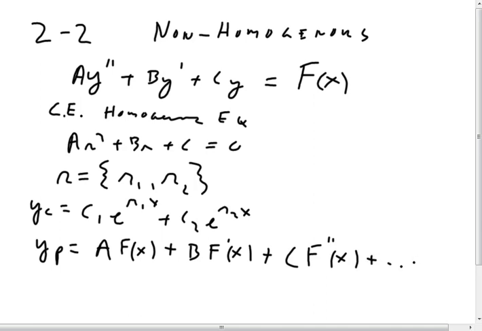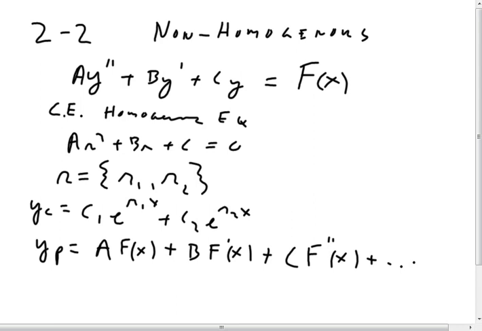So the particular solution is going to be in the form of some constant times the forcing function plus some constant times the derivative of the forcing function, until I have all the derivatives. Now, if I have an infinite number of derivatives, I suppose I have some other method to solve it.